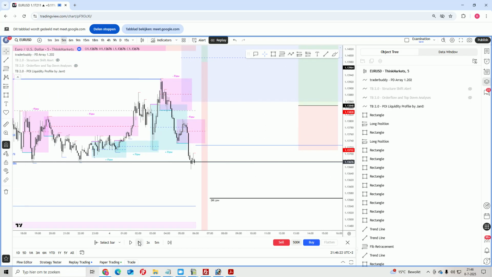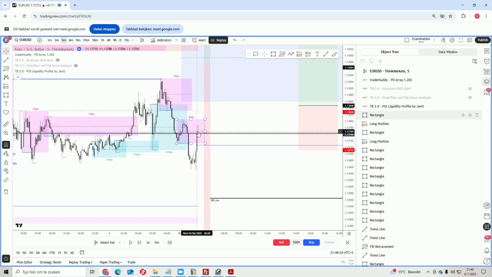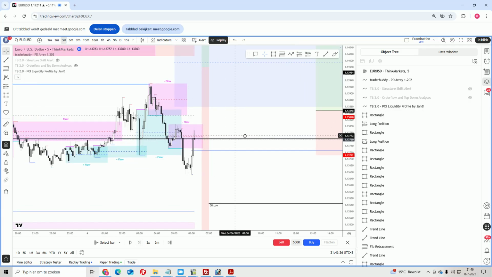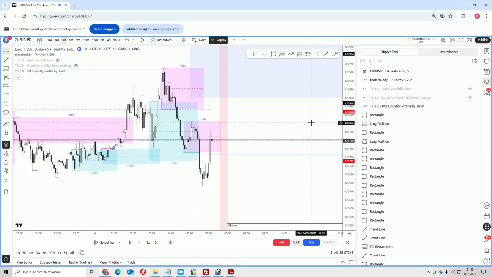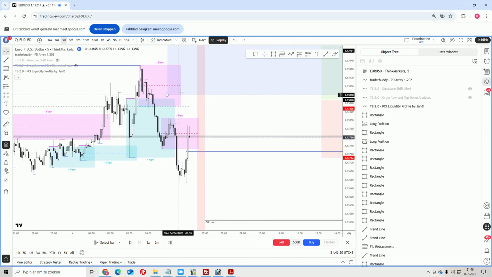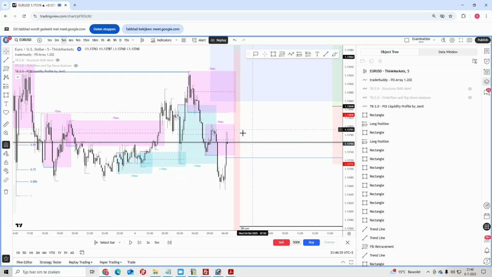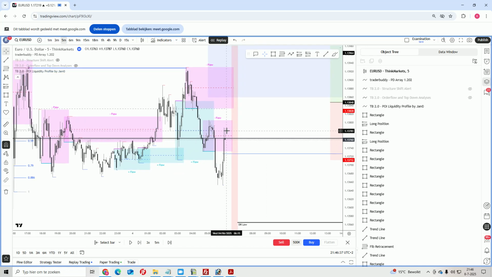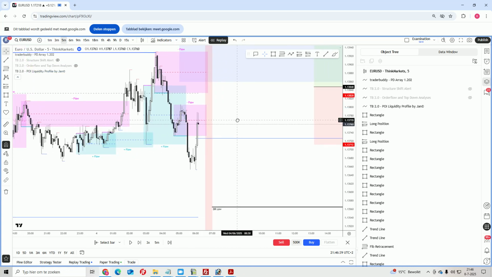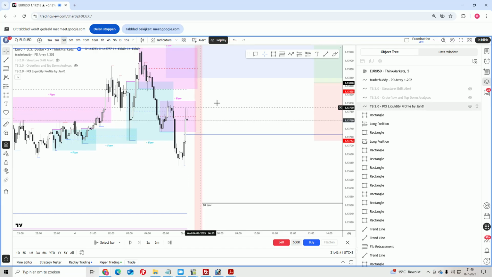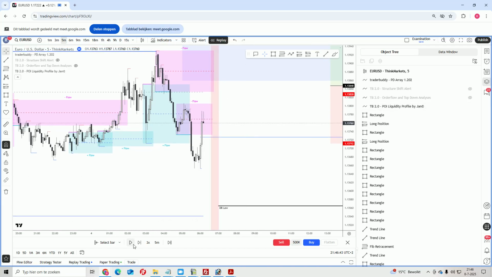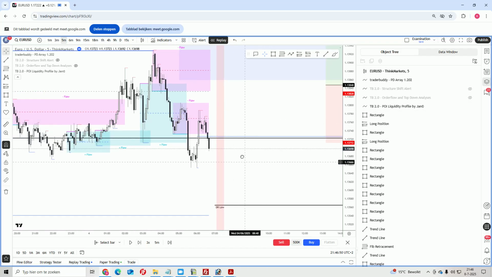Well, if we trade into our order flow, the problem here is we got one unmitigated order flow above here, so this is tricky to enter just blindly into this move down. You need confirmation before you can do that. But let's see. Okay, we traded out of the order flow.